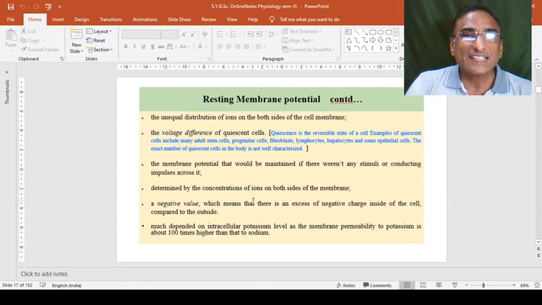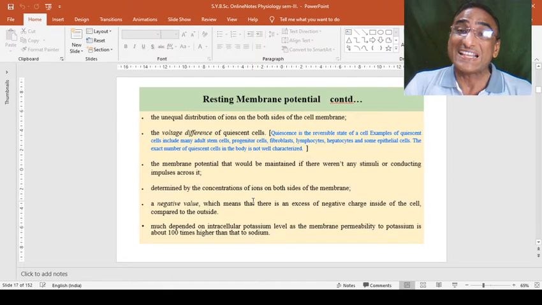Second, the voltage difference of quiescent cells. The voltage inside and outside is changed or altered due to quiescence, which is nothing but the reversible state of the cell.